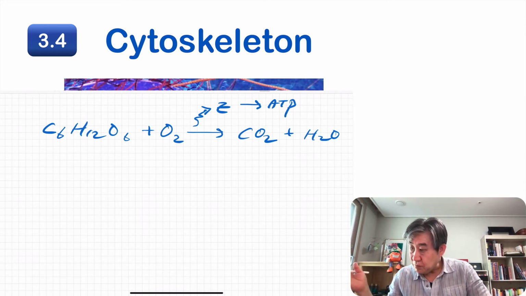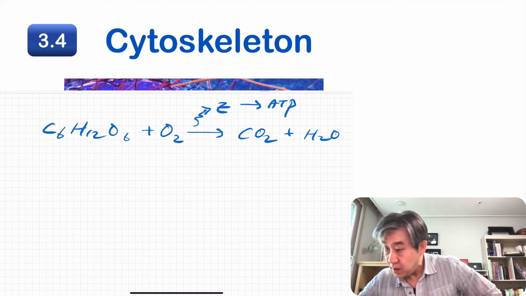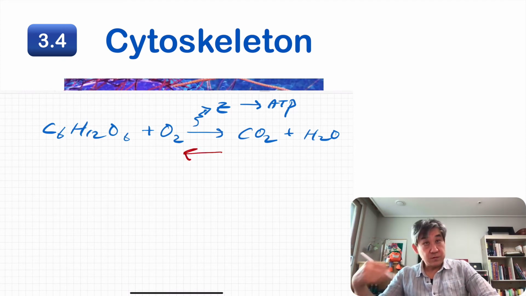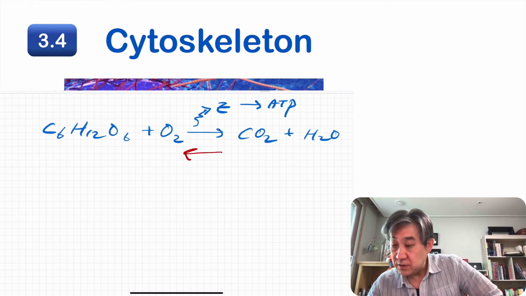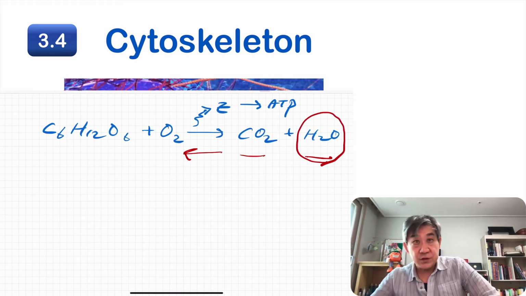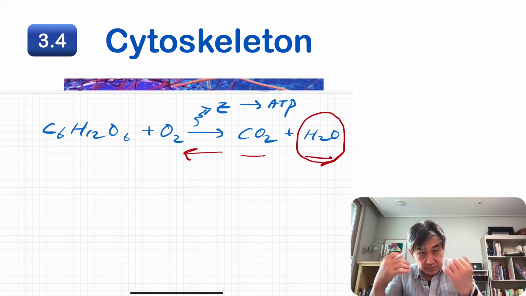Okay, now in the case of photosynthesis, which is in the totally opposite direction, starting from carbon dioxide and water, the water is used in the light reaction, remember, to split the water molecule.